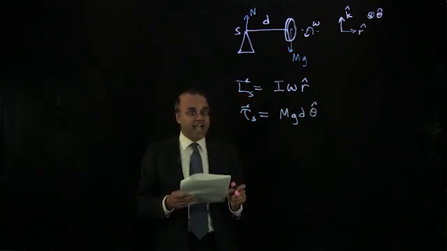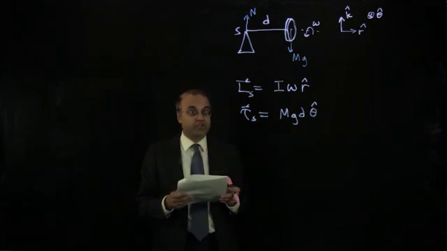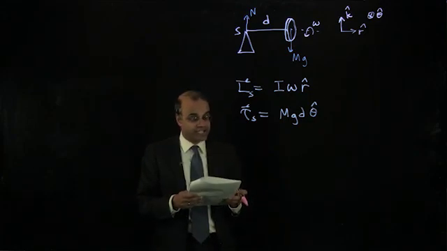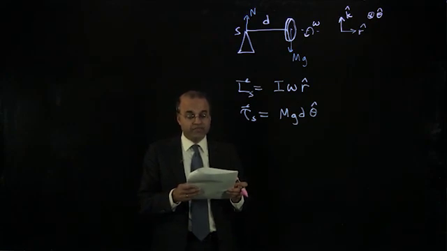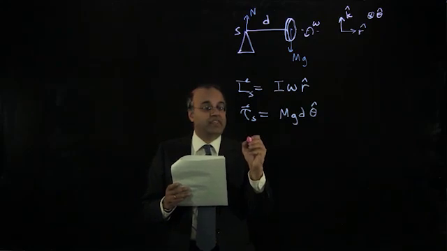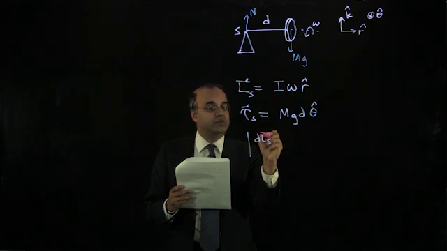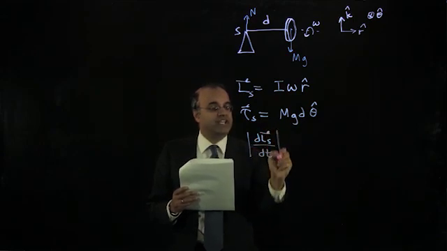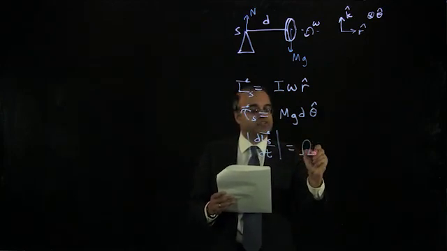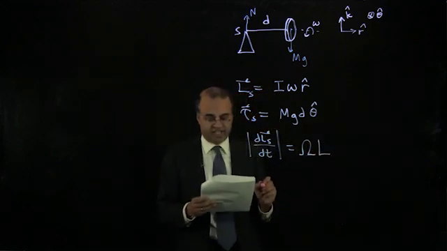And for a fast omega, if omega is a large angular speed, and therefore the angular momentum vector is a large vector, then the torque, which acts perpendicular to the angular momentum, will cause the angular momentum vector to rotate. And so as a rotating vector, we can write that the magnitude of the time derivative of that rotating vector is equal to the angular velocity of the rotation times the length of that vector.